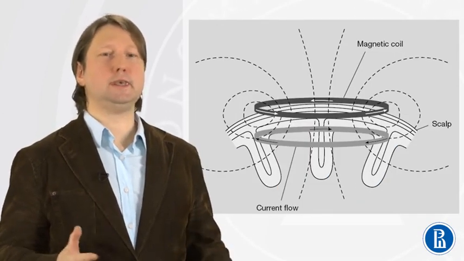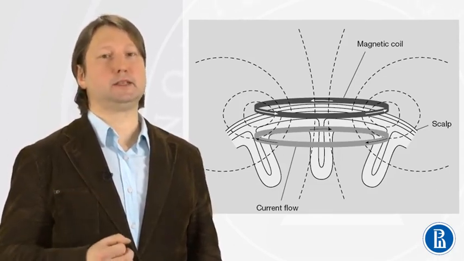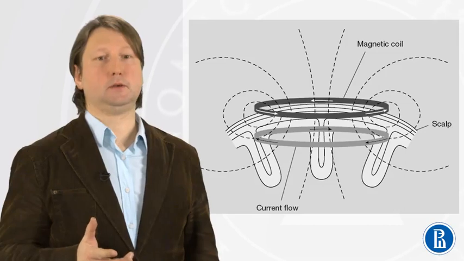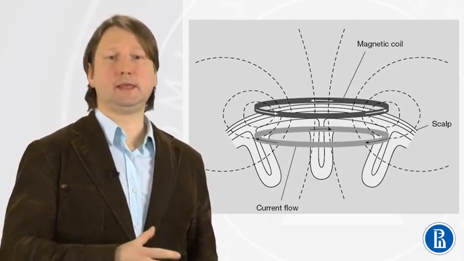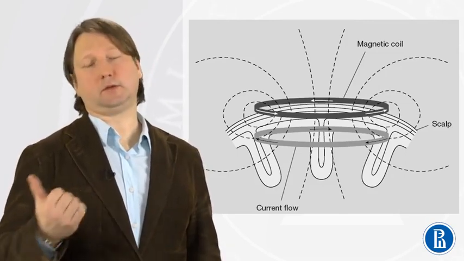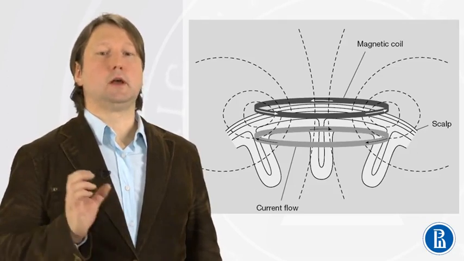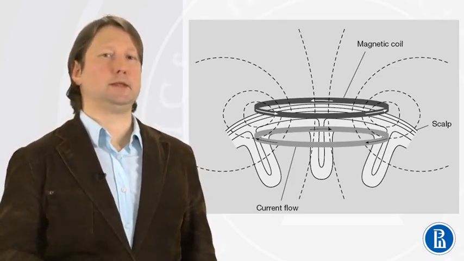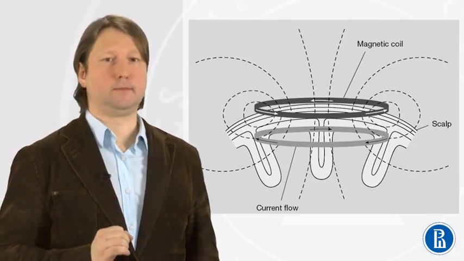So on this scheme, this process is illustrated and explained in detail. So you see that strong current in the coil induces a magnetic field that penetrates the skull and induces current flow inside of the brain that temporarily inhibits activity of the neurons.